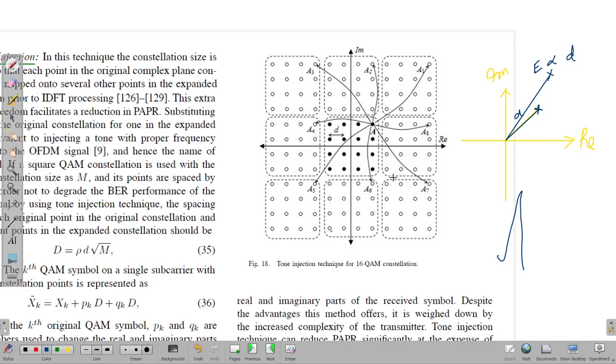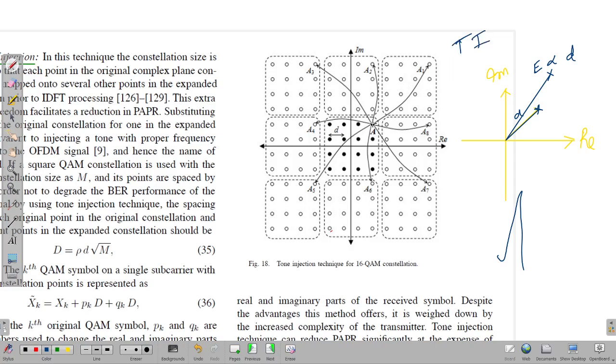So when you increase the power of a particular symbol, you are injecting a tone, giving more power to that symbol by mapping it into a higher order constellation. So this technique has got the name tone injection.